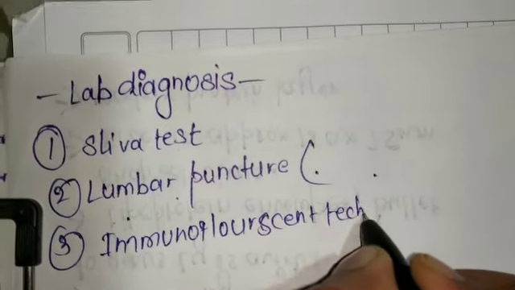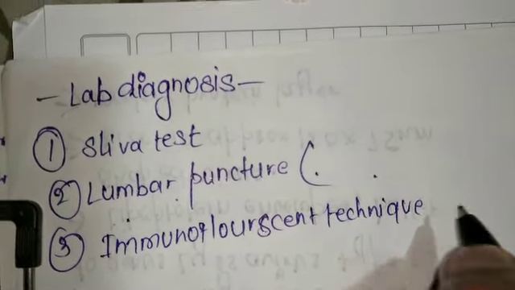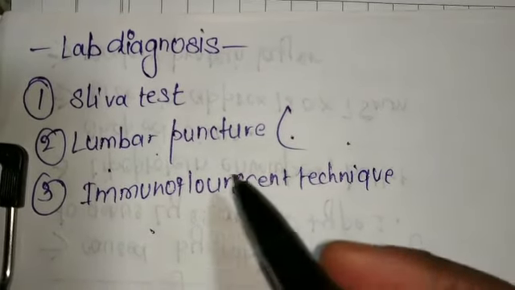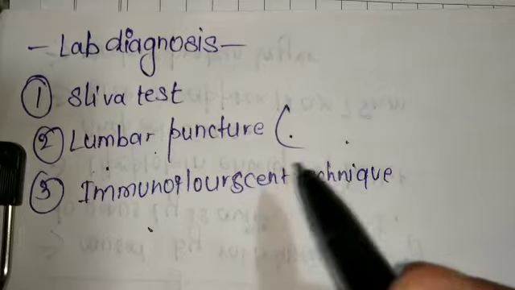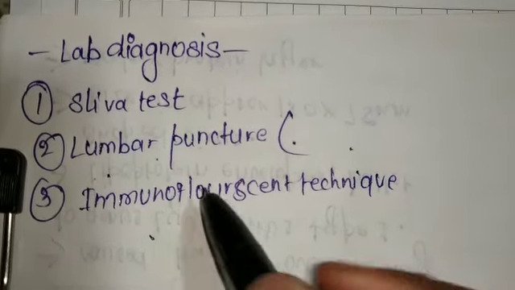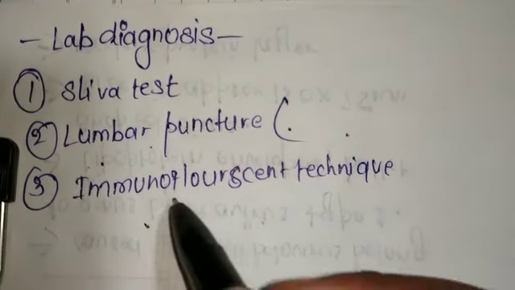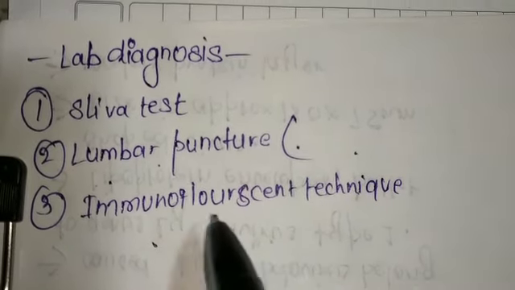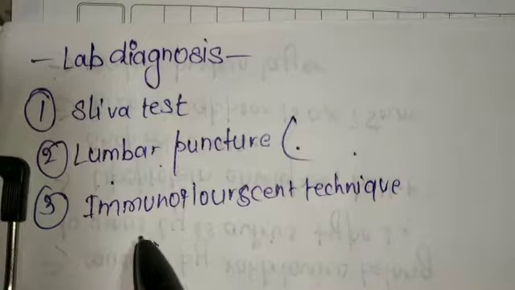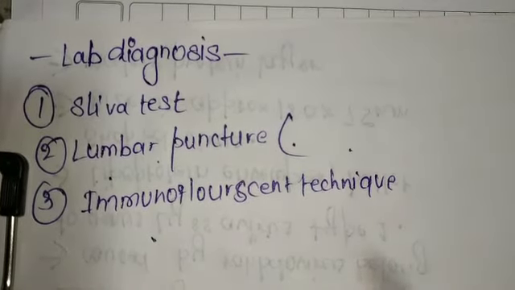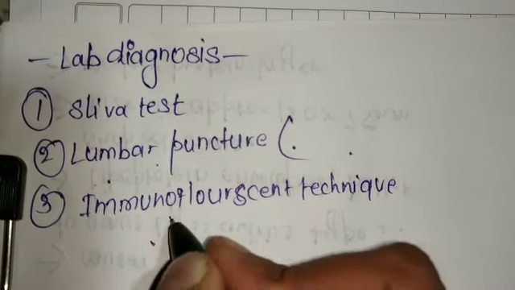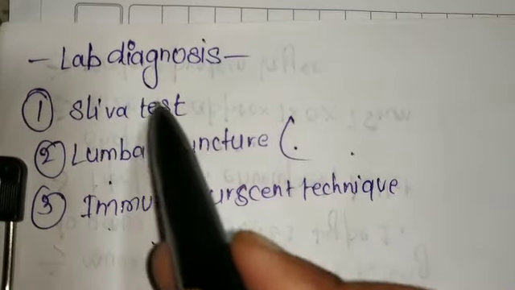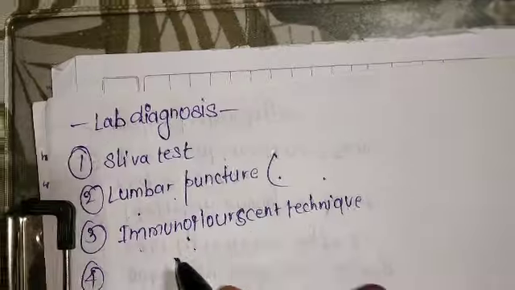In that, the rabies antigen is going to be stained and observed under the immunofluorescent microscope, means a fluorescence microscope, where the antigen is stained and binds to the antibody, and there they will check for the rabies virus.